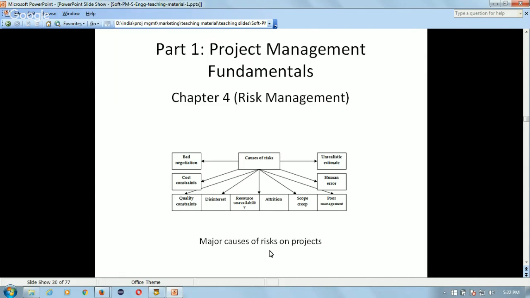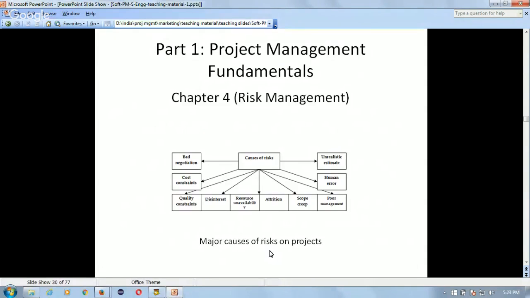Then attrition can happen on a project when a software engineer working on the project finds some other job and moves, and then due to this attrition, the project will be at risk.